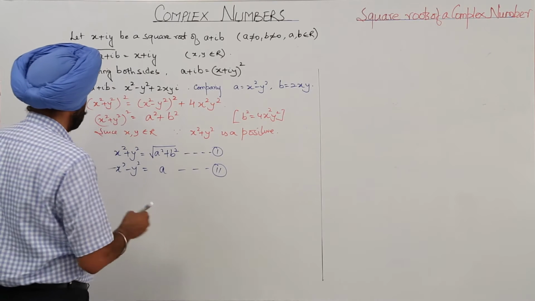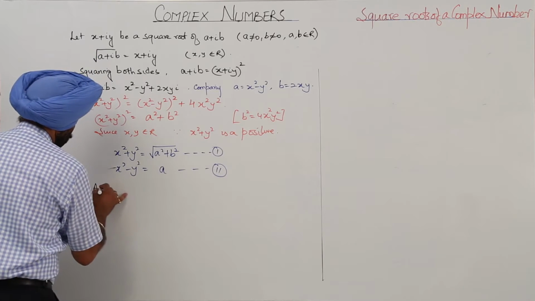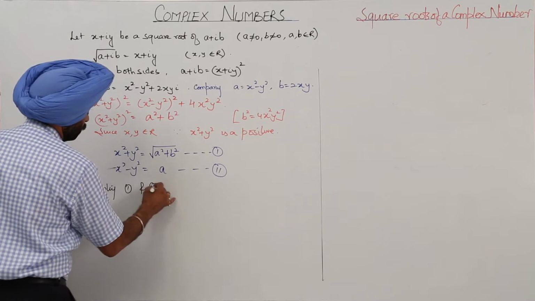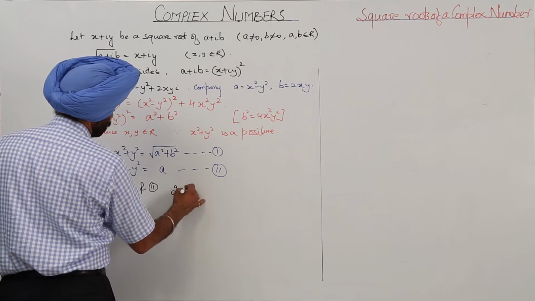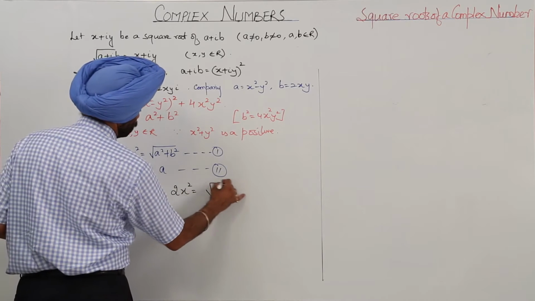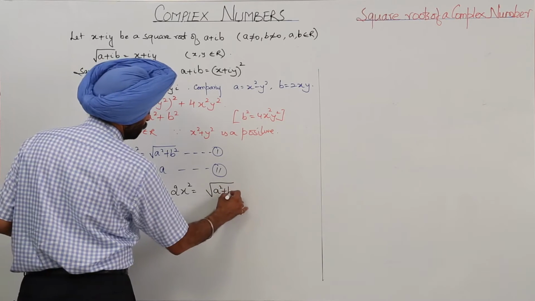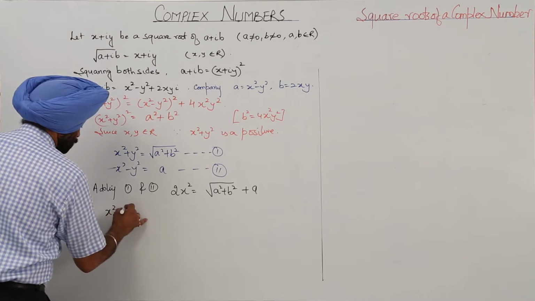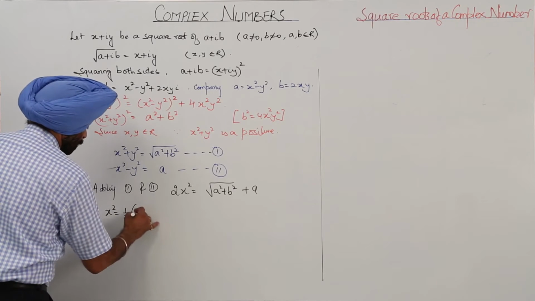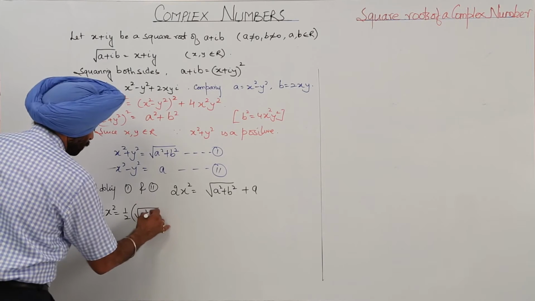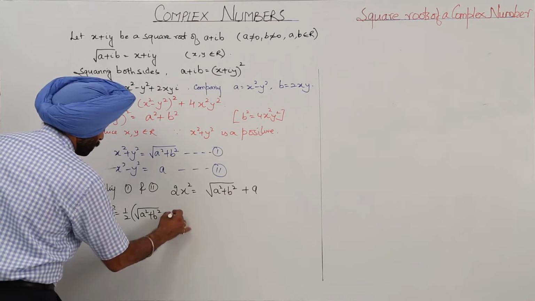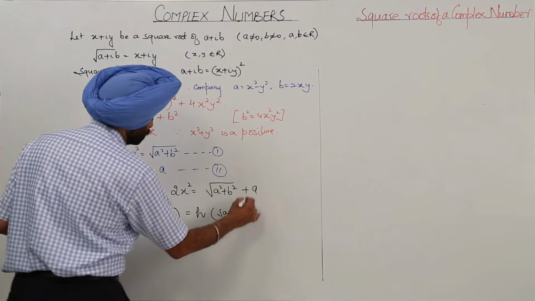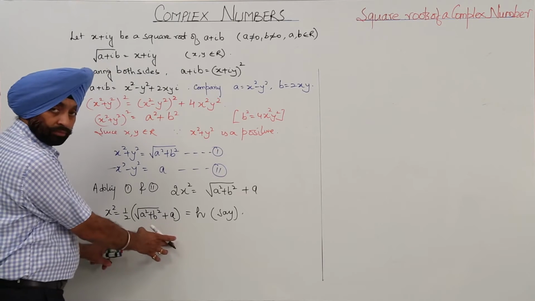Now, adding 1 and 2, 2x square is equal to square root of a square plus b square plus a, and x square is equal to half of square root of a square plus b square plus a, and let this be h. We can just write, suppose this is h. Is it clear?